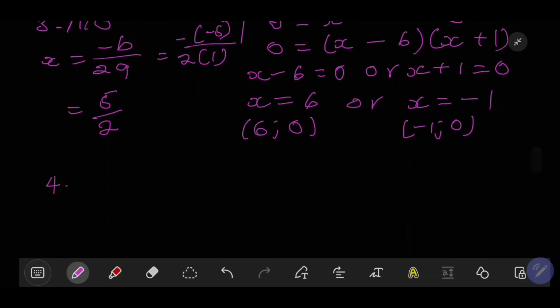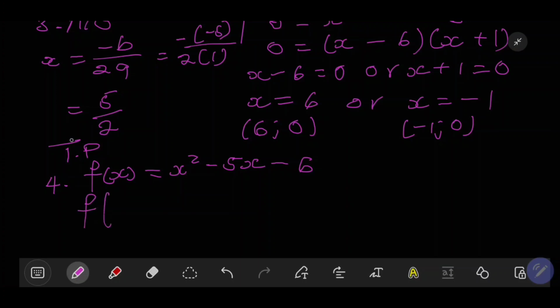To get the turning point, we said we are going to substitute this x value of the axis of symmetry into the original function of the graph. Our graph is given by f of x is equal to x squared minus 5x minus 6. So we're going to say f of 5 over 2, where we see x we substitute 5 over 2.